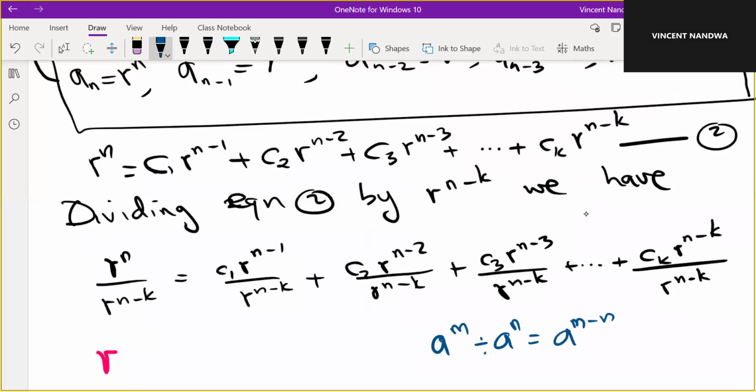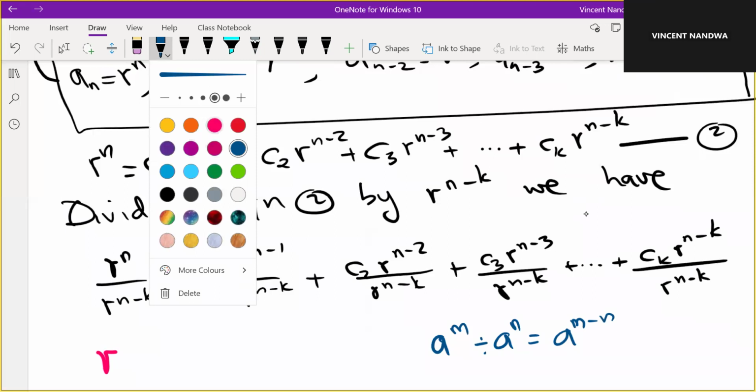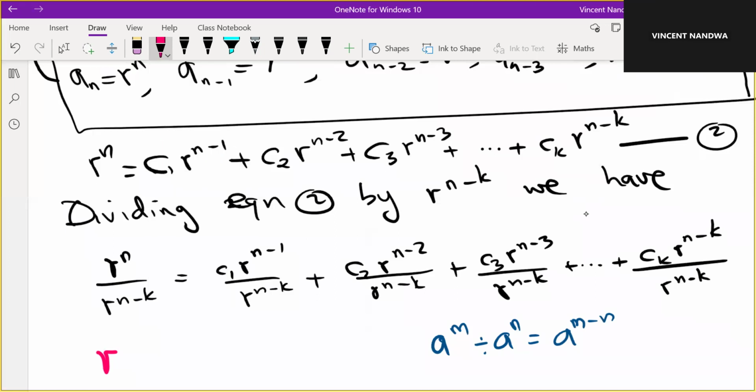So apply that property to the powers we have and tell me when you simplify what will be the new power of r. This might be the only proof you can provide in my exam. So apply this law of indices and tell me what would be the simplified expression and what would be the power of r.